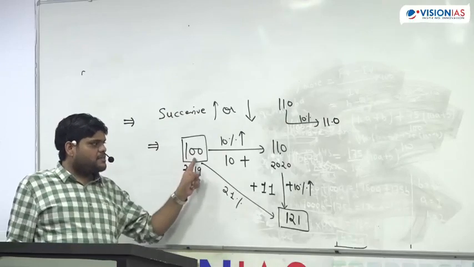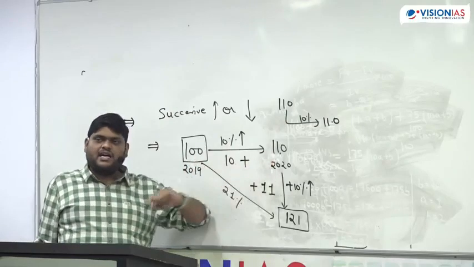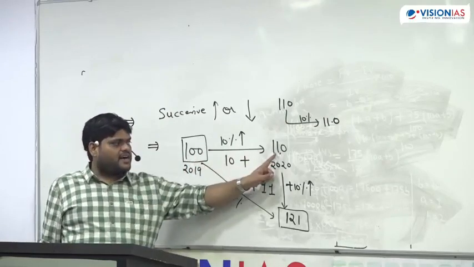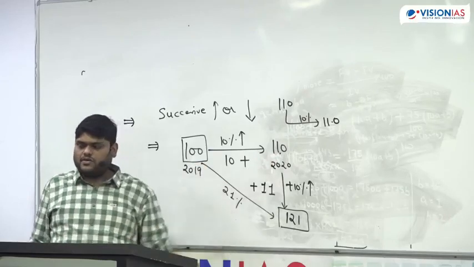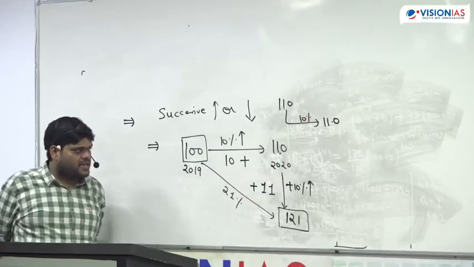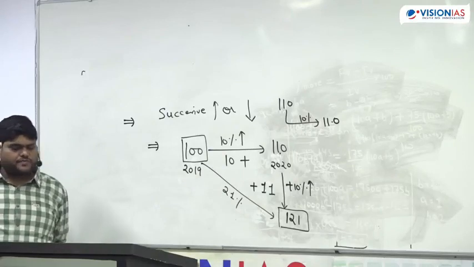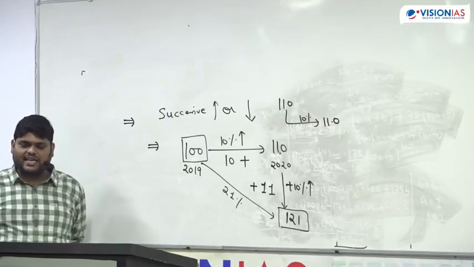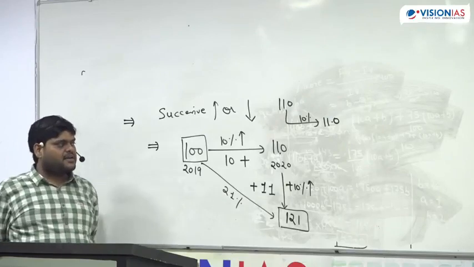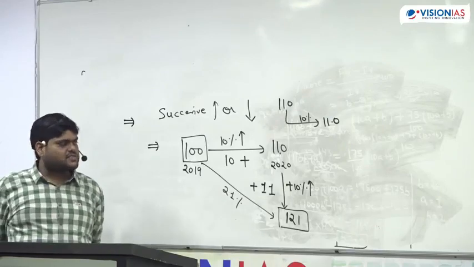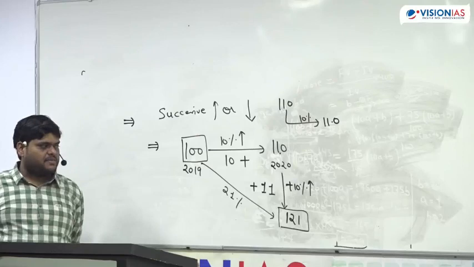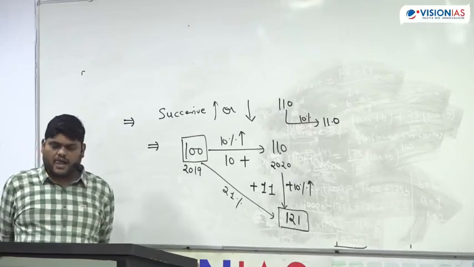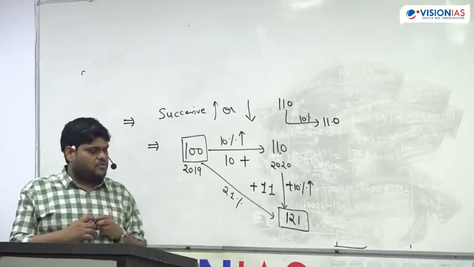Understand this concept? 10% increment, the next 10% increment occurs on this value. And this kind of increment is generally called successive increment, or if we are decreasing, this is called successive decrement. Any doubt you can ask right now?